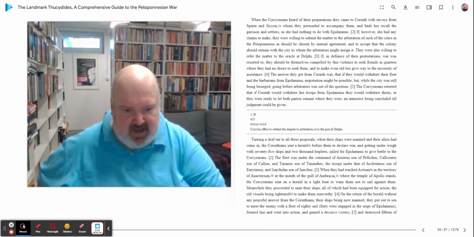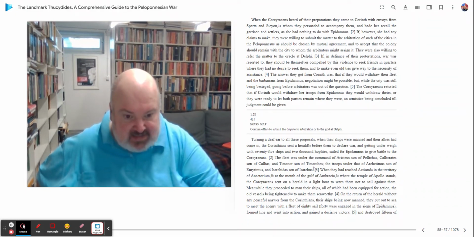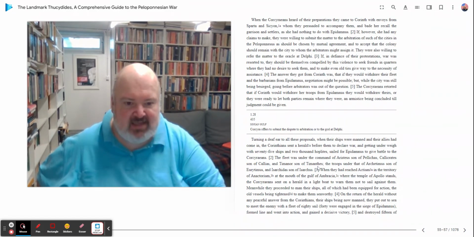The fleet was under the command of Aristeus, son of Pellichus, Callicrates, son of Callias, and Timanor, son of Timanthes.